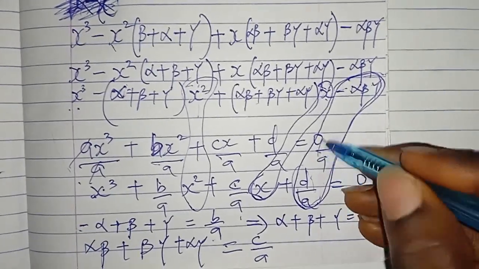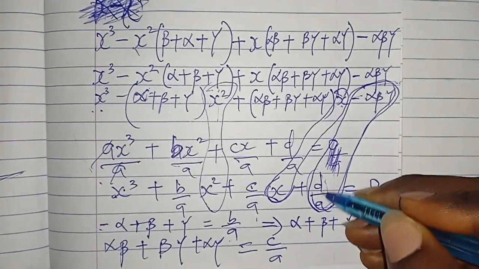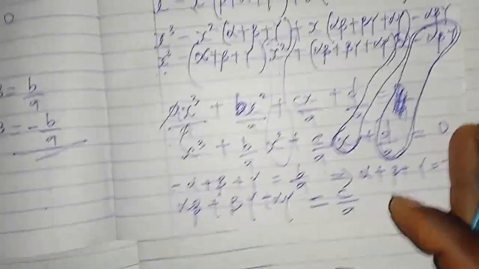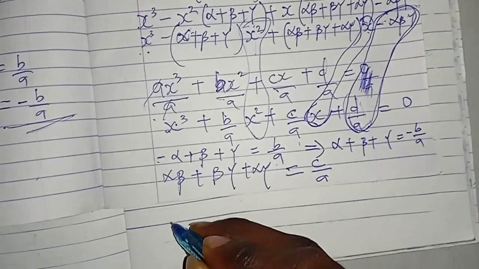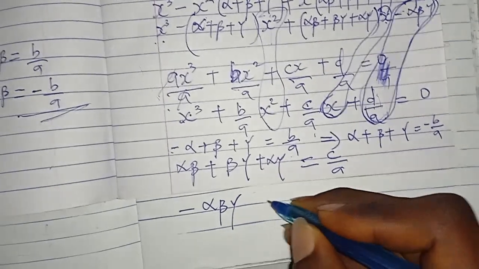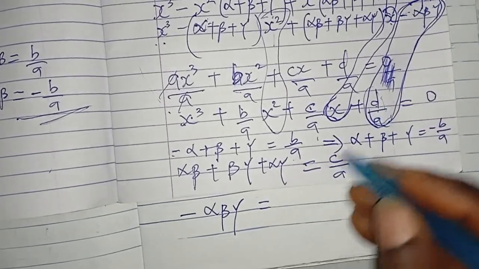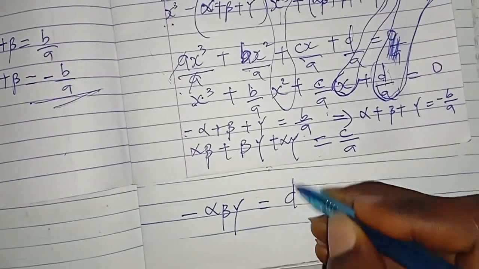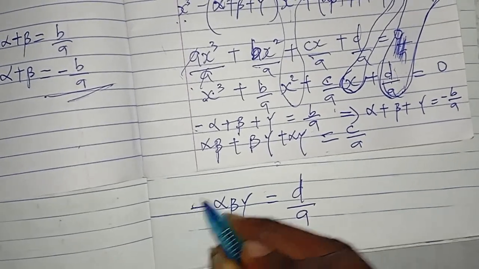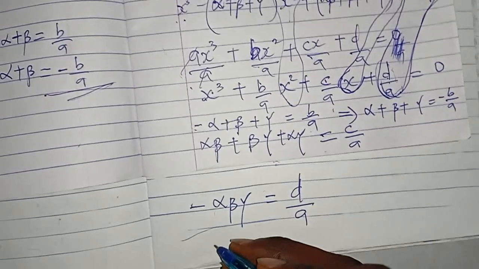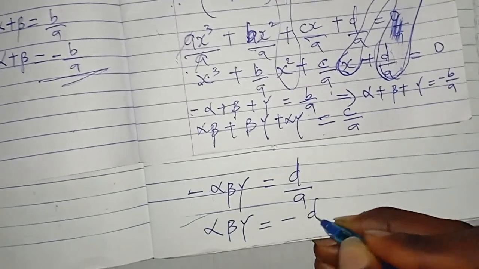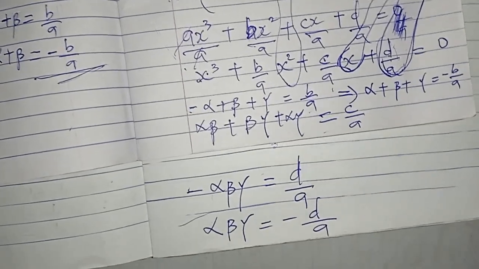So we compare the two, so that we now get minus alpha beta gamma is equal to d over a. Trying to make alpha beta gamma the subject of the formula, this will cross the equality sign, or you divide both sides by minus 1. So you now have alpha beta gamma is equal to minus d over a. Very simple.